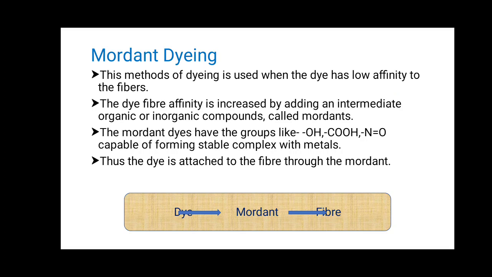When mordant dyeing is used, it is used when the dye has low affinity to the fiber. The dye-fiber affinity is increased by adding an intermediate organic or inorganic compound called a mordant.